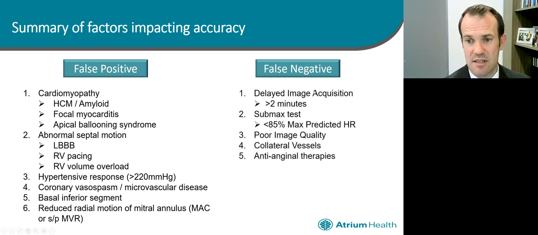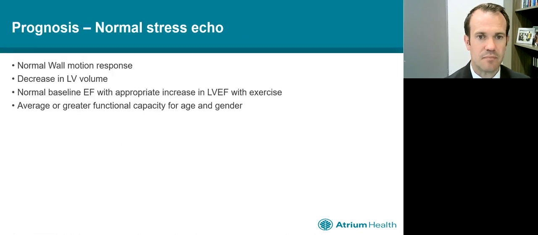False negative studies can occur if there's delayed image acquisition, or it's a submaximal test, or poor image quality, or if there are collateral vessels or the patient is actually taking anti-anginal therapies. So we tell these patients to not take their beta blockers or other anti-anginals before their stress testing.